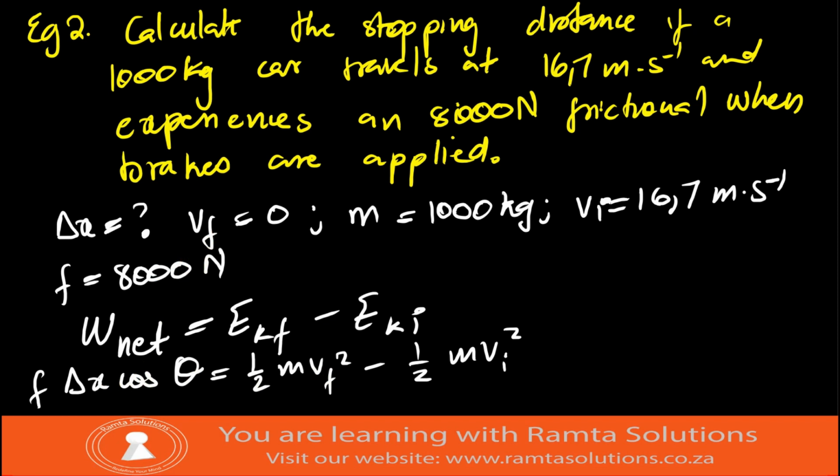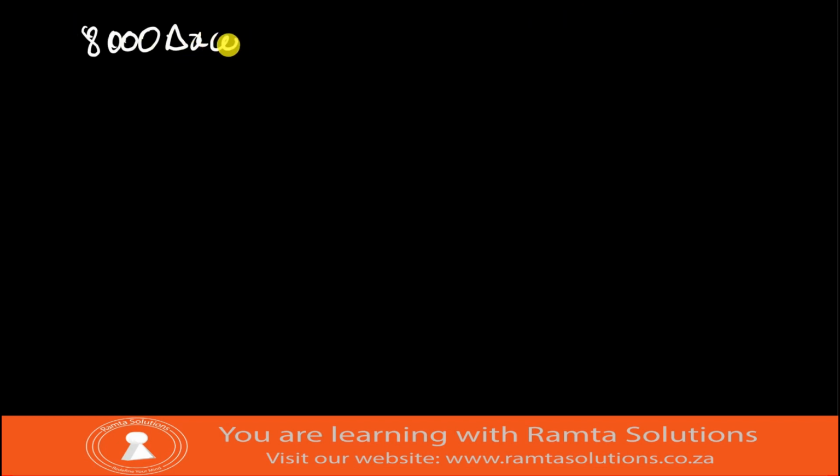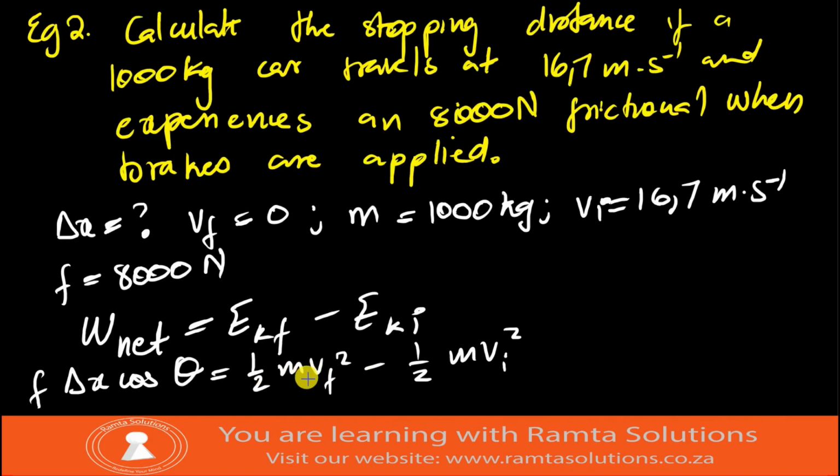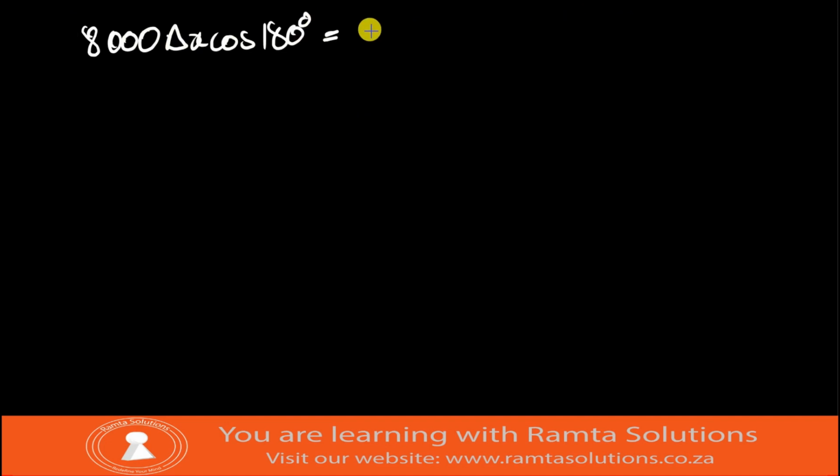So it acts parallel to the displacement, but in the opposite direction. So it's 180 degrees. Finally, the object stops. So I can take this whole part to be 0 because it's stopping. Right? So it's 0 minus half. The mass is 1,000. What is the initial velocity? I think it was 16.7 meters per second.